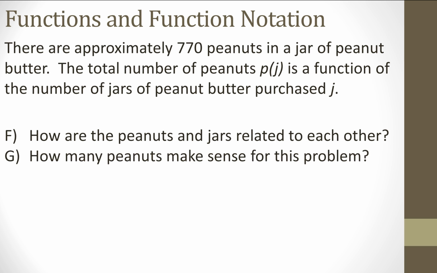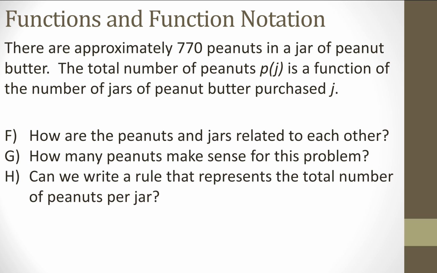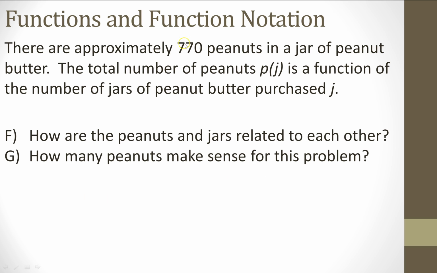So let's talk about G. How many peanuts make sense for this problem? Now, a lot of students are initially going to say, well, we can talk about 3 peanuts or 8 peanuts or 1,000 peanuts or 12,000 peanuts, but really, there are only specific numbers that we can talk about. For jars, really what we're looking at is multiples of 770. So you could have 770 peanuts, or 1,540, or 2,310, or 3,080.